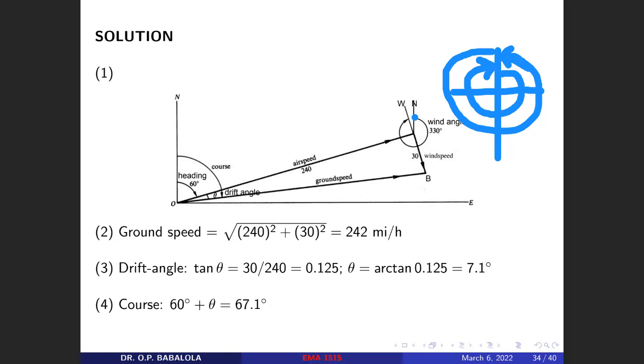We go from quadrant 1, 2, 3, and 4. But can someone tell me why the wind's angle goes clockwise? Does anyone know why the wind's angle goes clockwise?